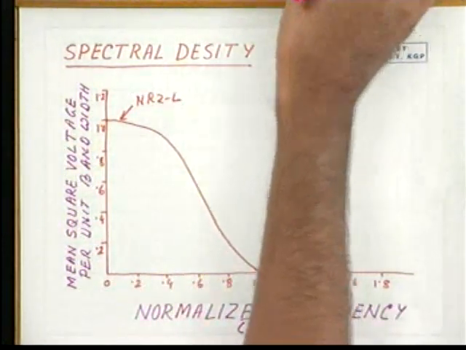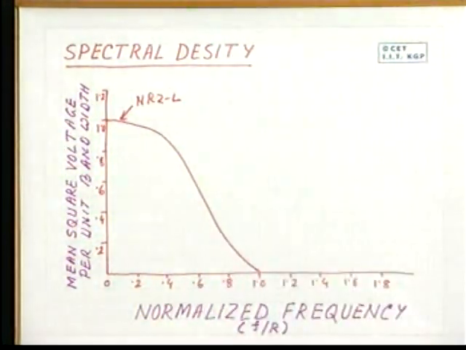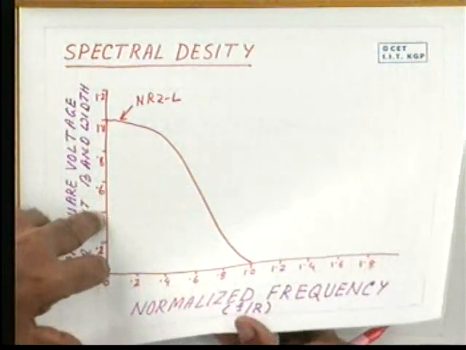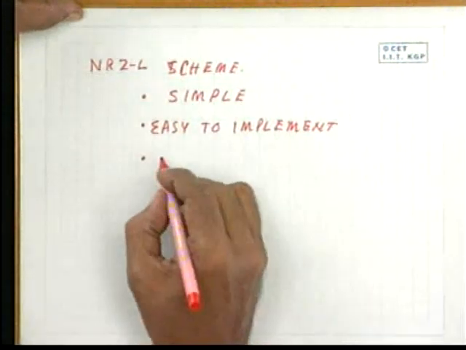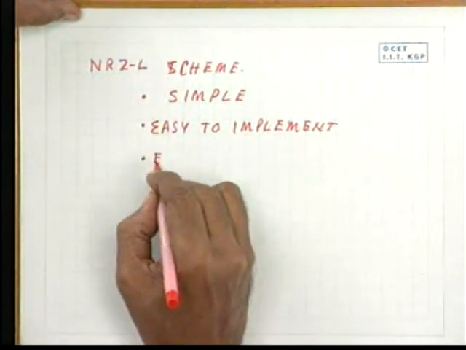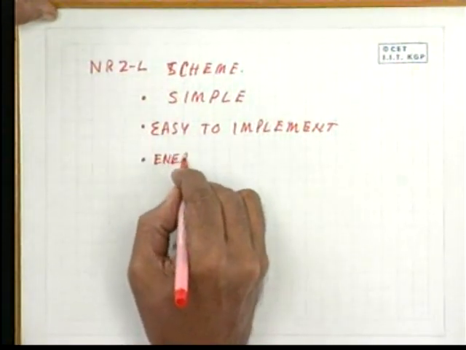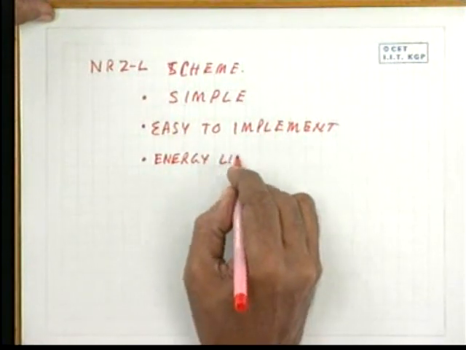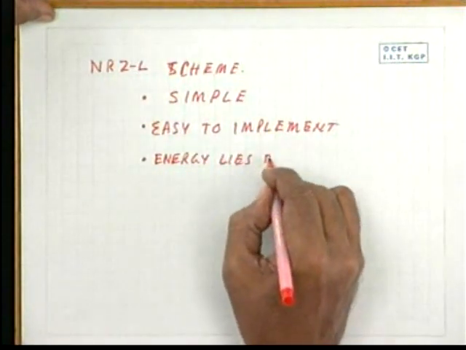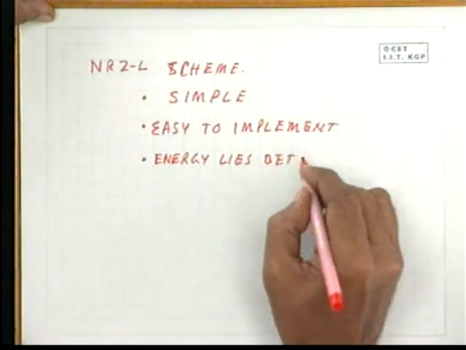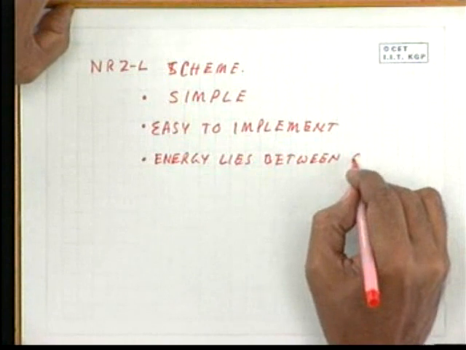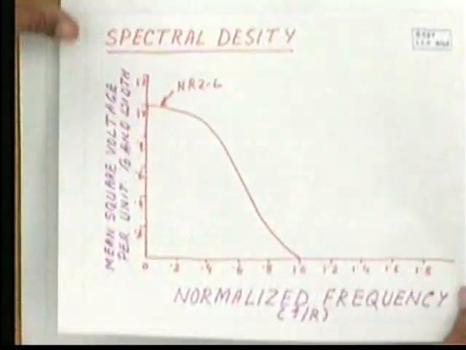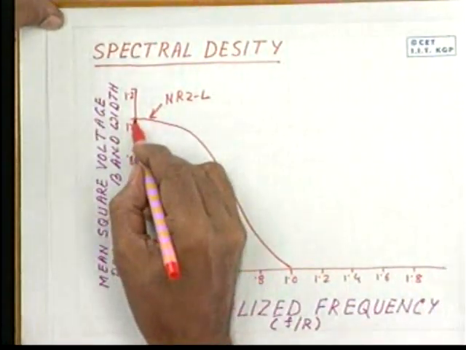You see here the signal spectrum energy lies between DC, it has got a DC component, 0 frequency, DC component.